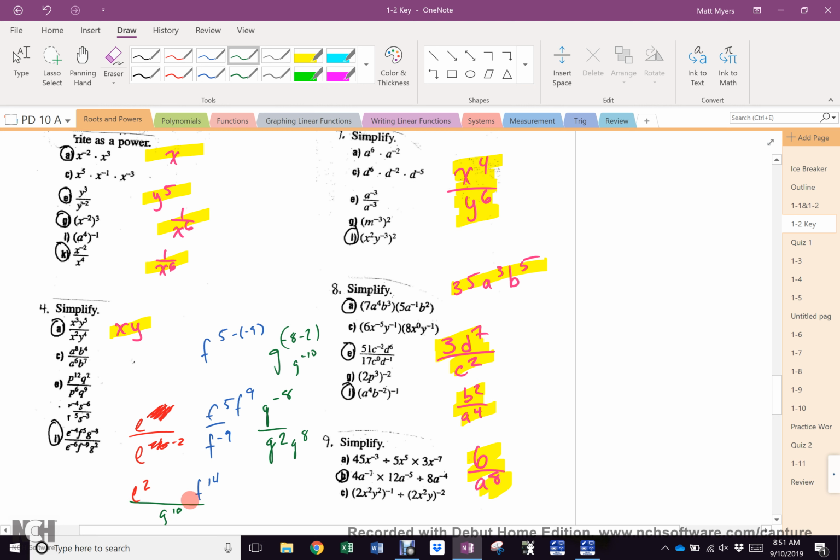G to the 10th. Cool? Everybody good? Your choice. Now, the reason I start with the subtraction thing is because it's really easy to see. That is e cubed over e squared. 3 minus 2, cancel, cancel, leaves me with e to the 1.